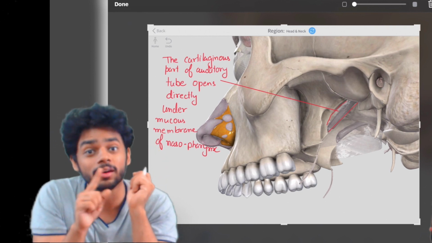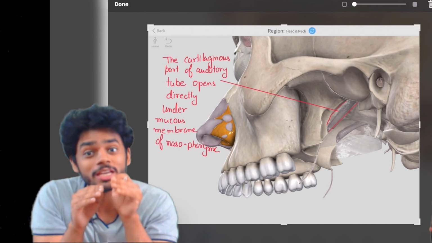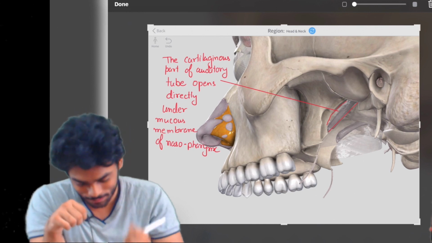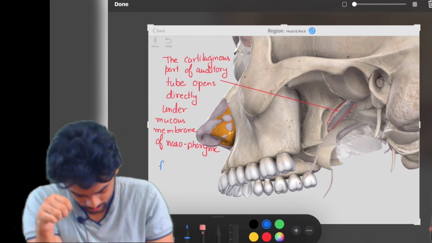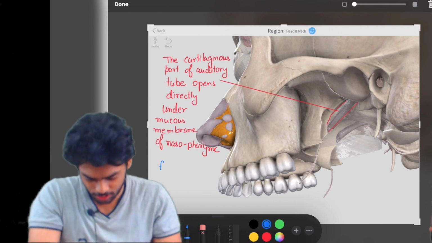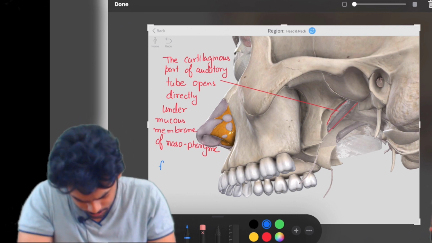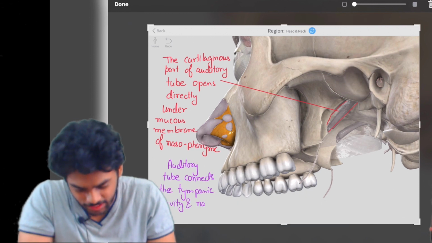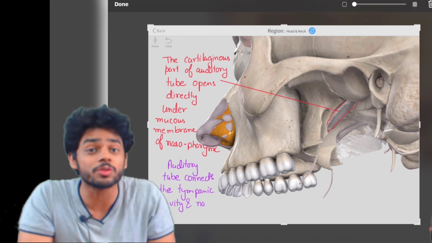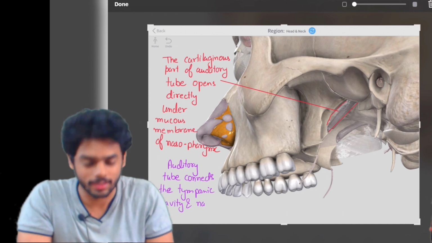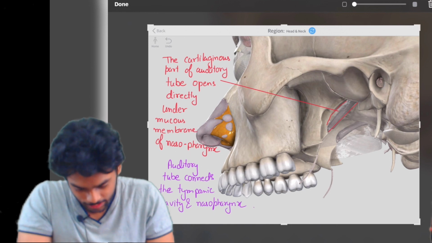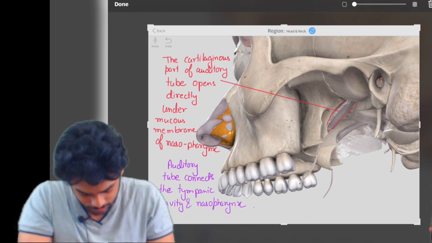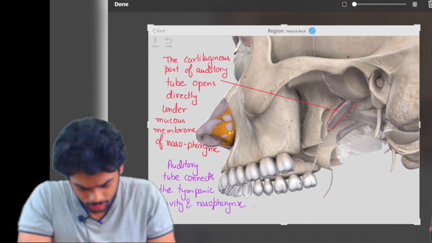See how the middle ear is connected to the nasopharynx. What is the function? This auditory tube connects the tympanic cavity, also known as the middle ear cavity, and the nasopharynx.